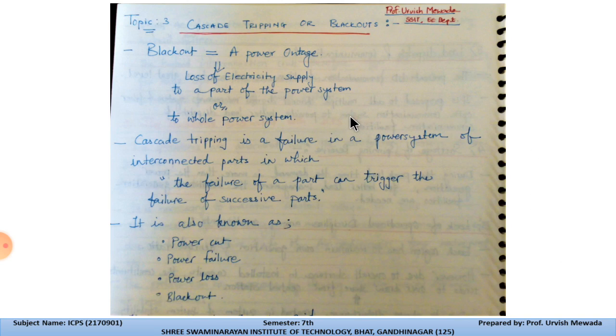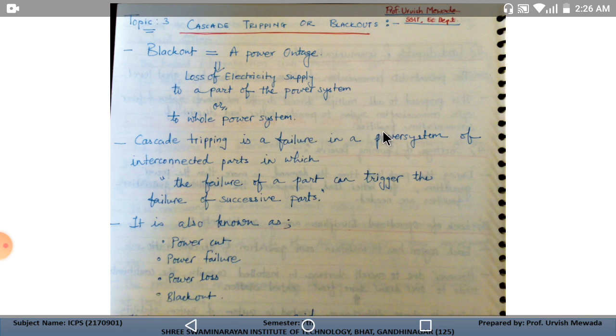This happens because of the following. Suppose I give you one example. If a load is connected with the system, and that load is a light load, and if we increase that load further to the peak load of that particular power system, then stresses will develop in the system if that load remains continuous for a particular time.